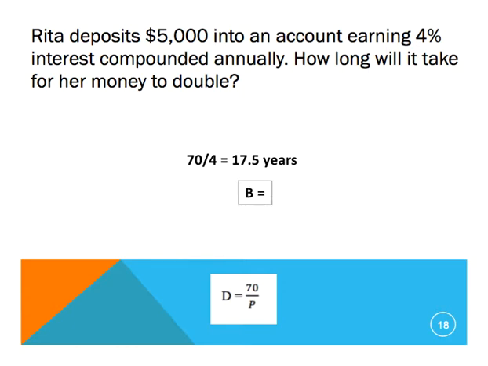That would be balance equals principal times 1 plus the rate to the power time. So if I tried it for the 17.5 years, I get 9,932.38, which is pretty darn close to $10,000, which would be doubling. That just verifies that my answer seems okay.